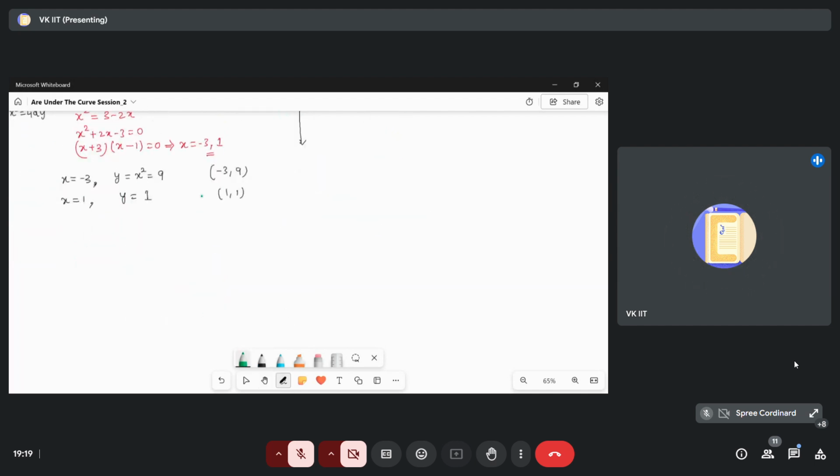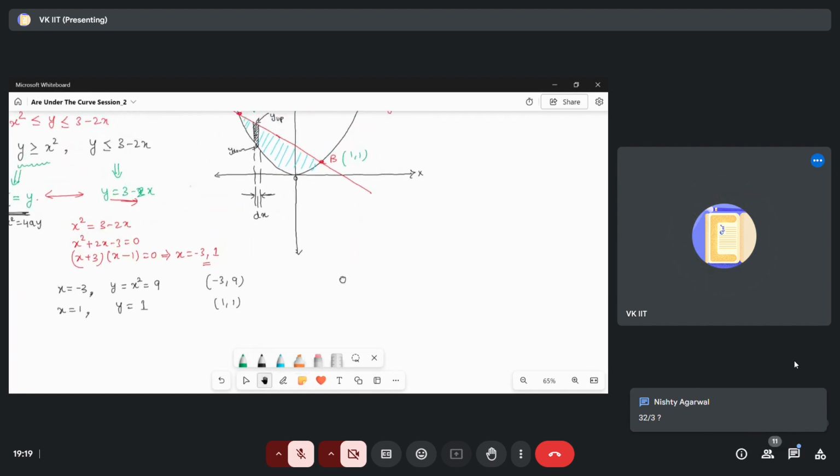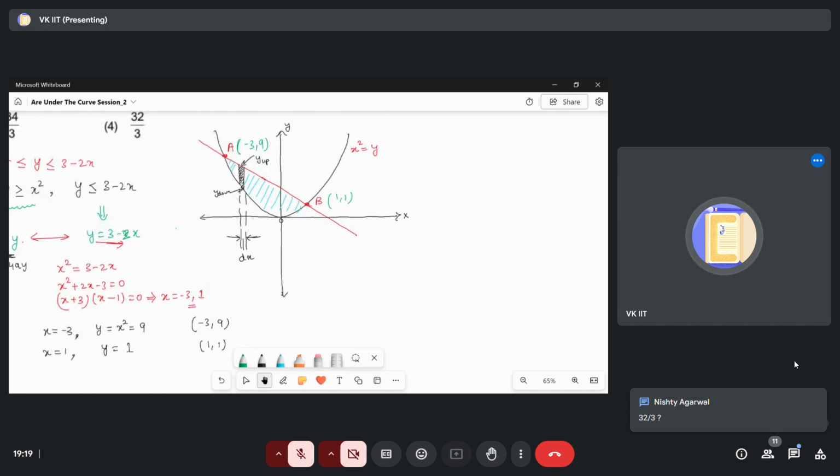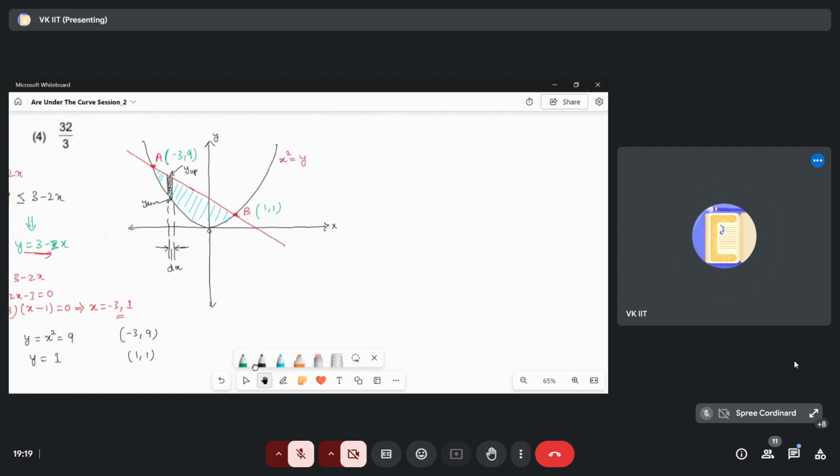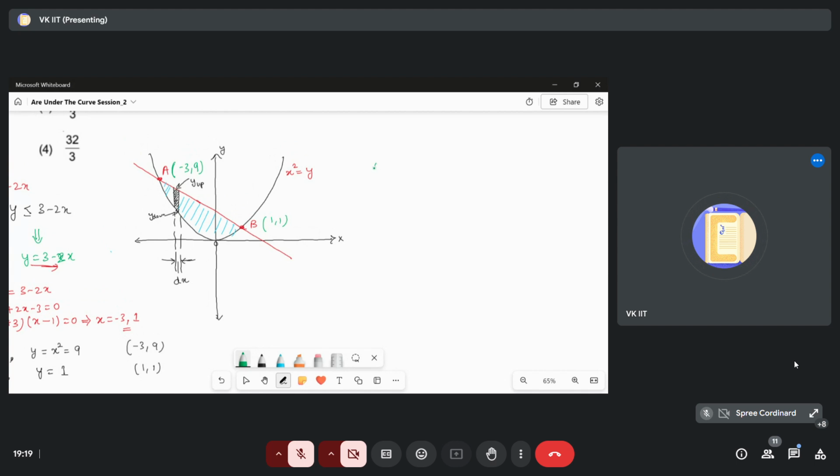And the limit we already got. From where to where we will go? From -3 to 1. So the final area will be equal to the integral from -3 to 1, this is the x limit, as the strip moves from A to B, of y up minus y down into dx.